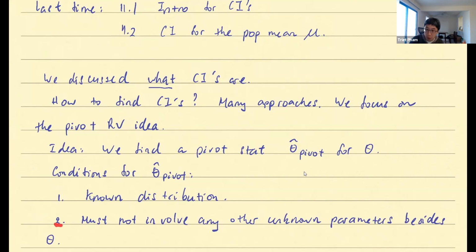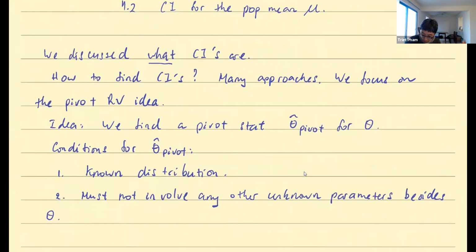Actually, 2 has 2 layers. Theta hat pivot definitely must depend on theta. Otherwise, how do you form the confidence interval? So here, theta hat pivot must depend on theta, implicitly.